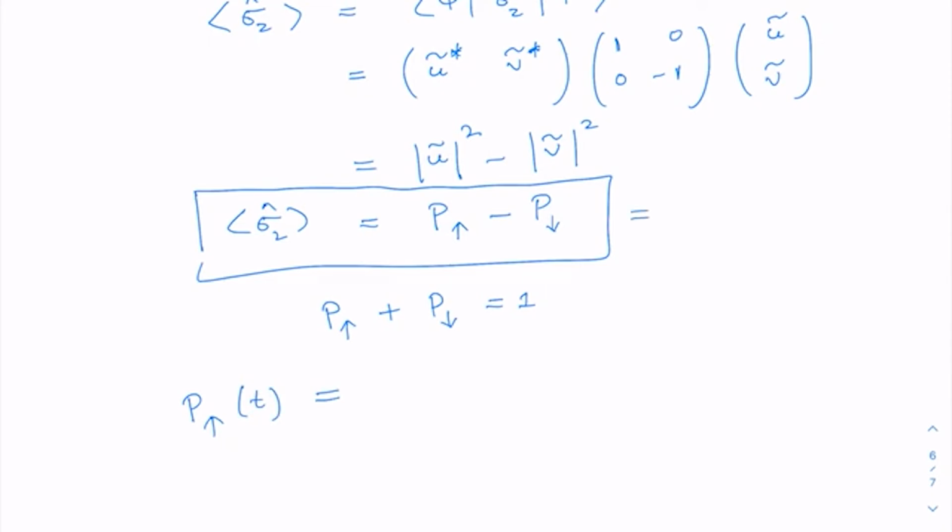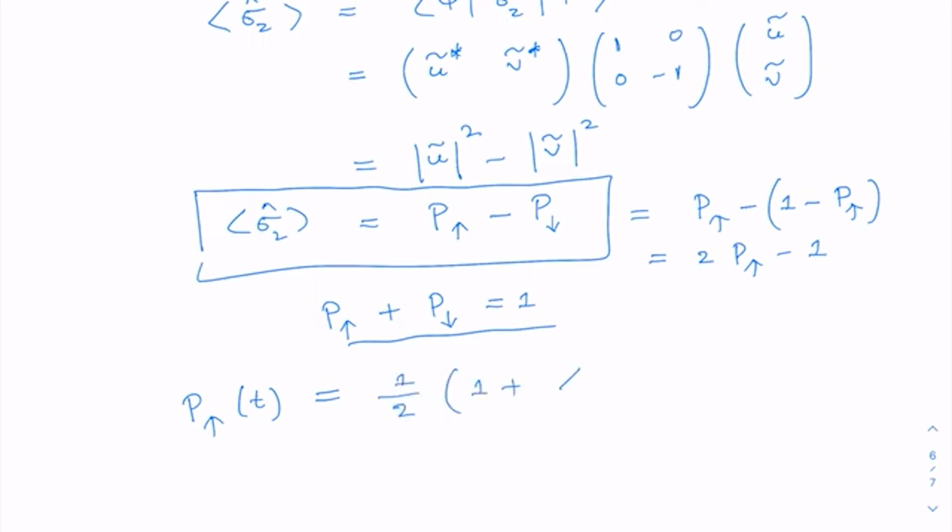Using this expression, I can write it as 1 minus P up here. Therefore it would become 2 P up minus 1. So immediately you see P up I can write as half of 1 plus the expectation value of sigma z.